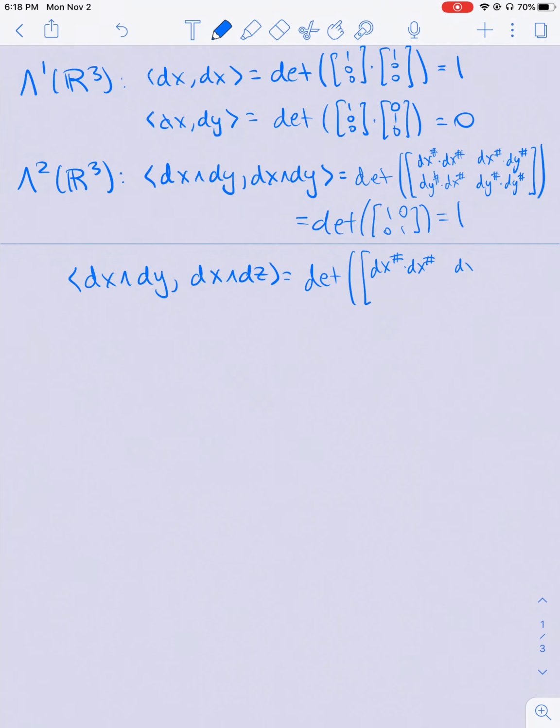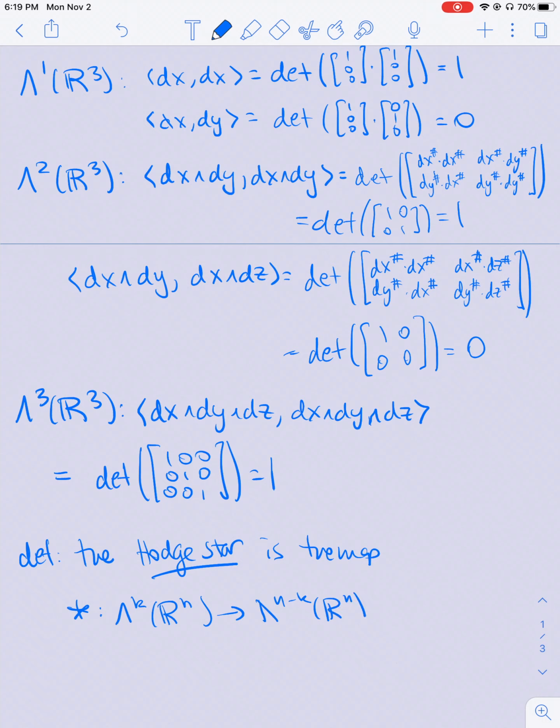So how are we going to use this to define the Hodge star, which is what we started out trying to define? The Hodge star is the map star from k-forms on Rn to n minus k forms on Rn.